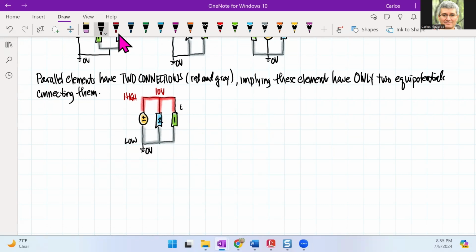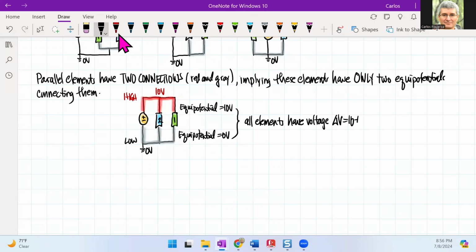This is an equipotential equal to 10 volts. This is an equipotential equal to 0 volts. That tells us here that all elements have a voltage of 10 minus 0, which is 10 volts.